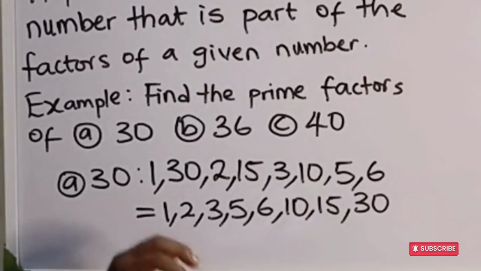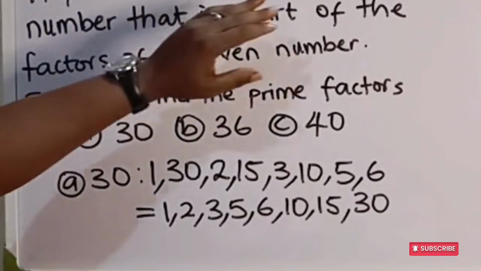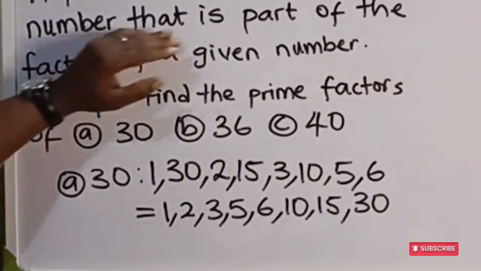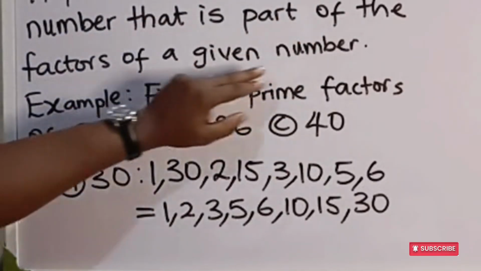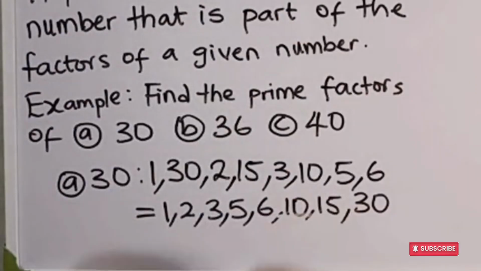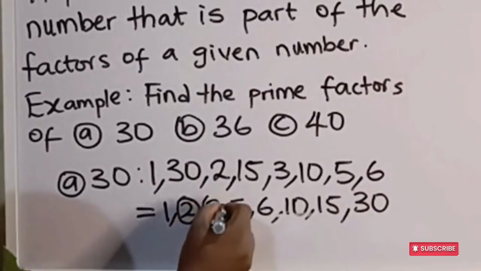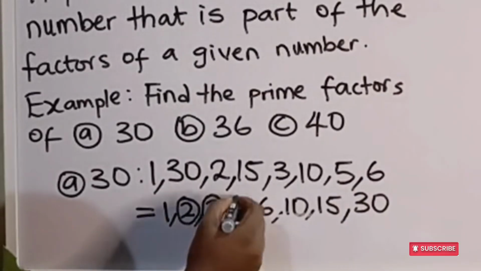But which ones are the prime factors of 30? A prime factor is a prime number that is part of the factors of a given number. All these are factors of 30, but among these numbers, which ones are prime numbers? 2 is a prime number, 3 is a prime number, 5 is a prime number.